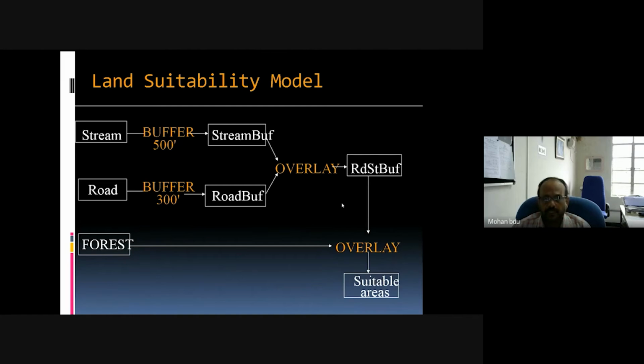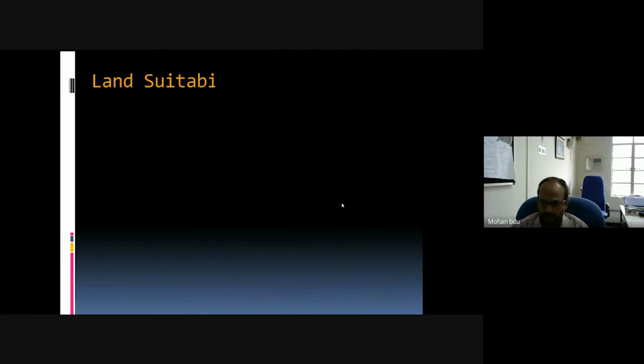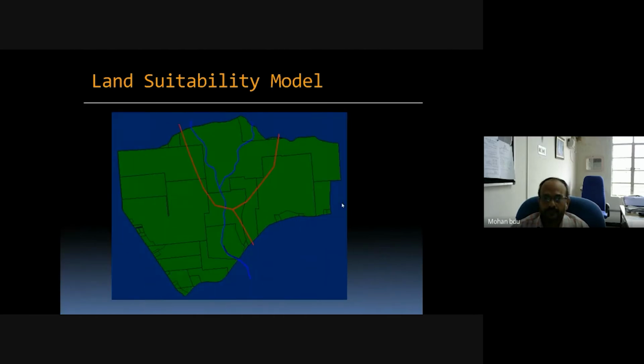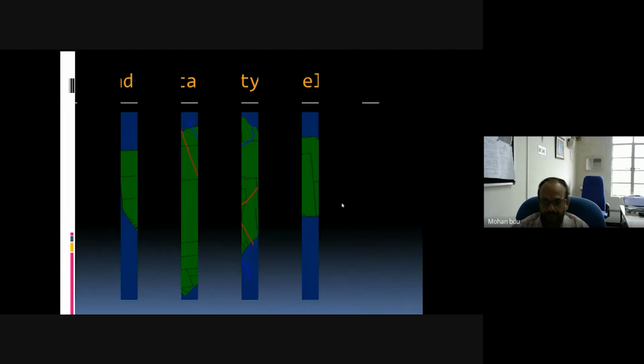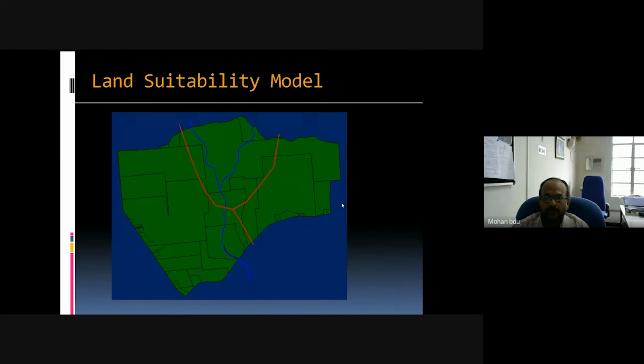For example, if you want to have a buffer zone in the forest, or if a road is being laid in the periphery of the forest, or in the middle of the forest, we can generate a kind of buffer zone, and then identify the suitable areas for the buffering activity or something like that. Here, for example, you can see, so this is the road.